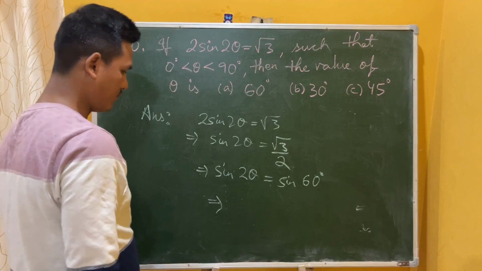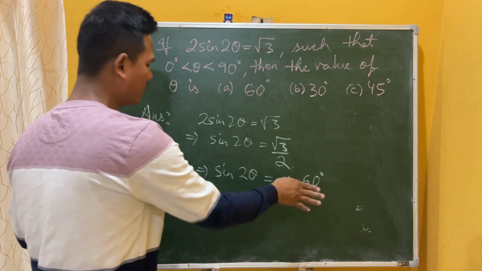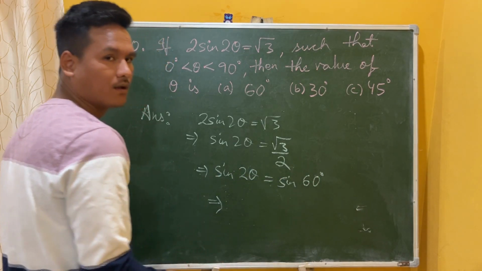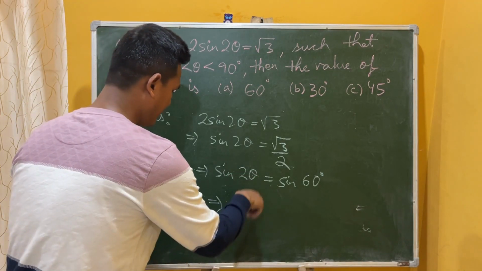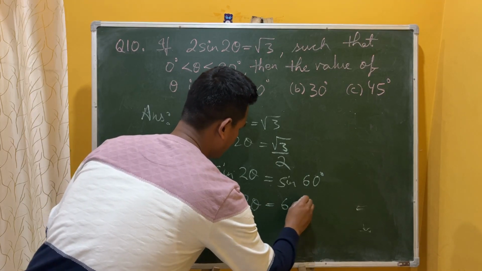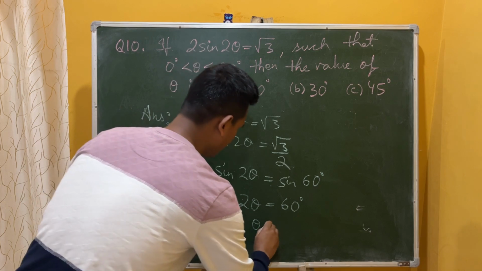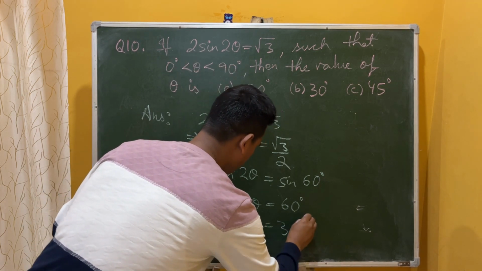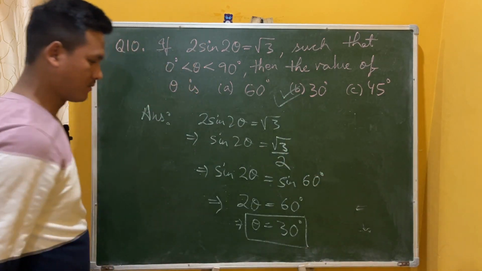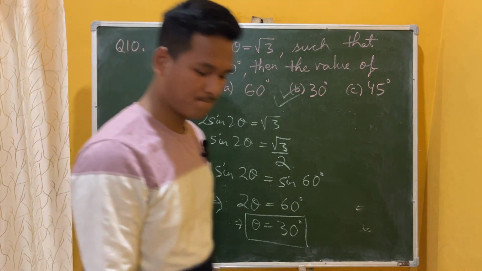So for now you may consider sine and sine getting cancelled, which we don't show, but they vanish. In the next line you can write 2 theta equals 60 degree. Therefore theta equals how much? If you divide by 2, the answer is 30 degree. This is your answer.